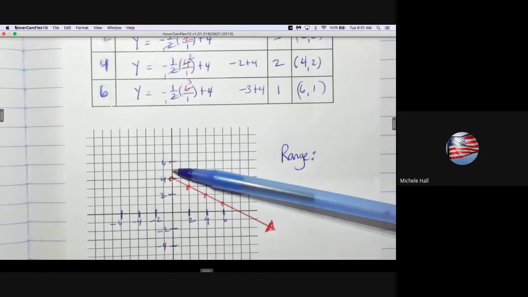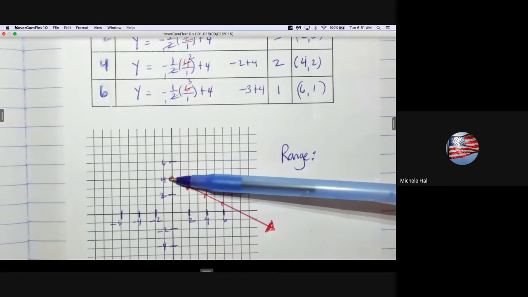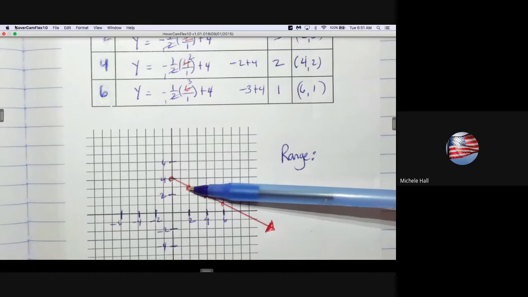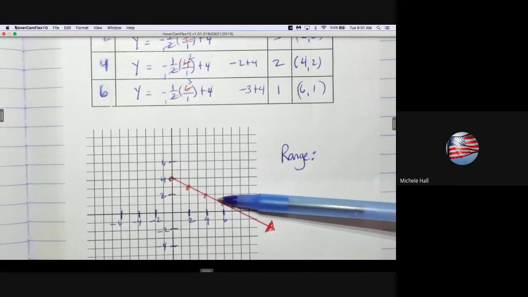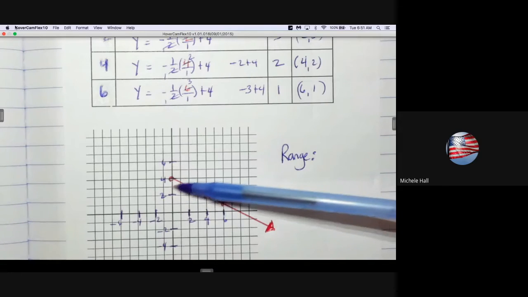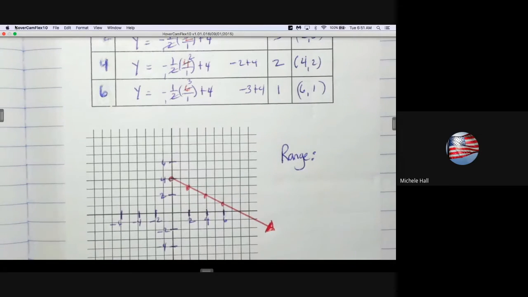No, 5. Where does it start? The range starts at 4. Then what does it do? It goes down to 3, down to 2, down to 1. Any fractions that are in between there would be there. And it continues to negative infinity.